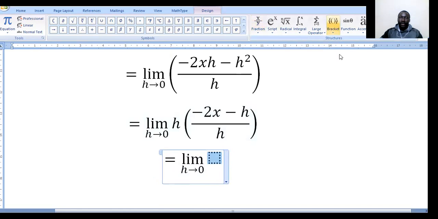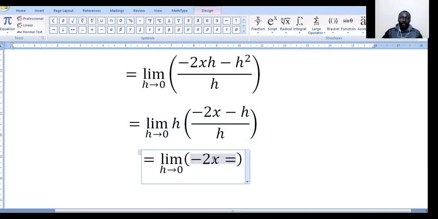That's what's going to be left. Okay, minus 2x minus h. So we write it as minus 2x minus h.